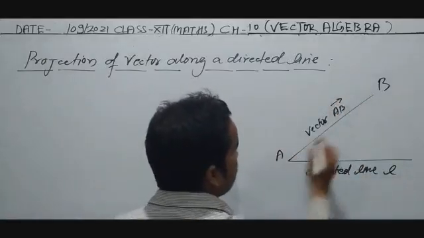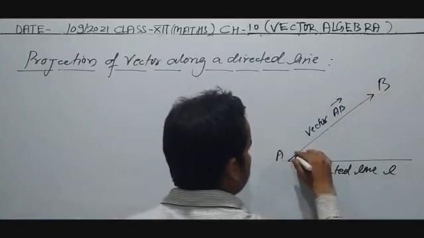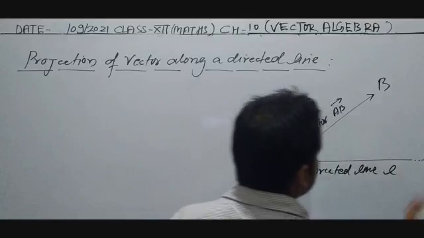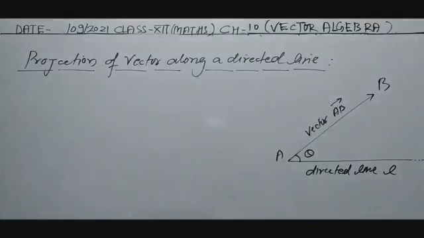The vector AB is making an angle theta with the positive x-axis, or we can say directed line.